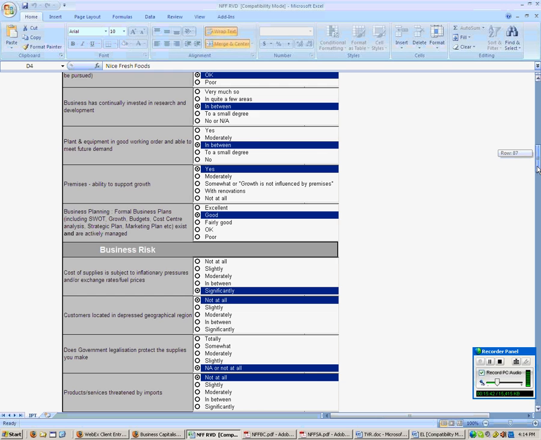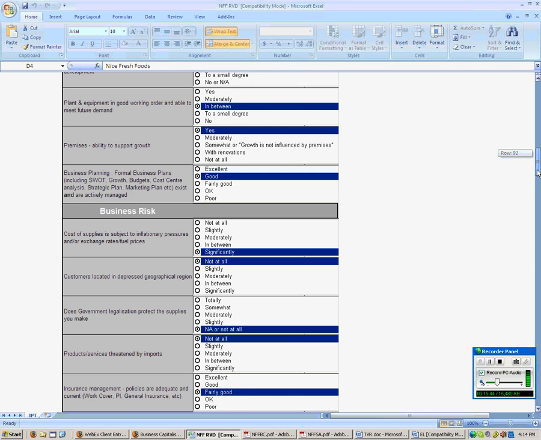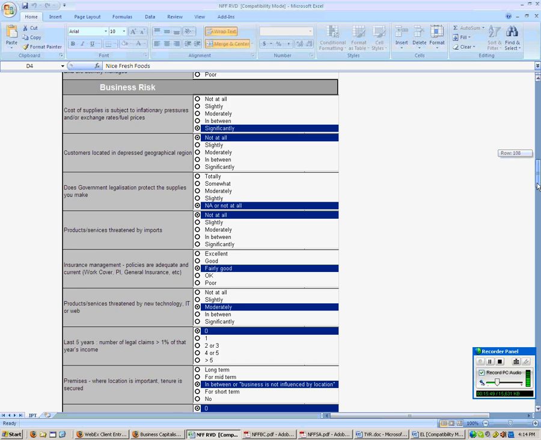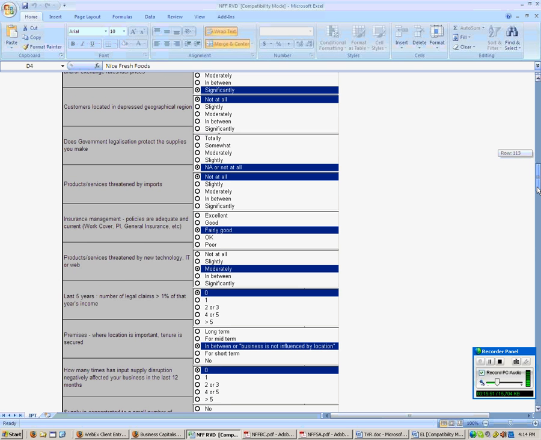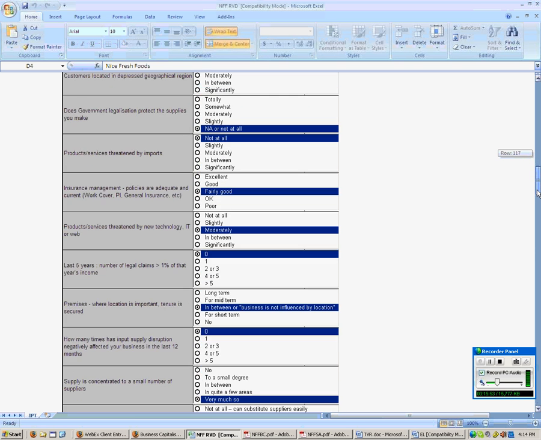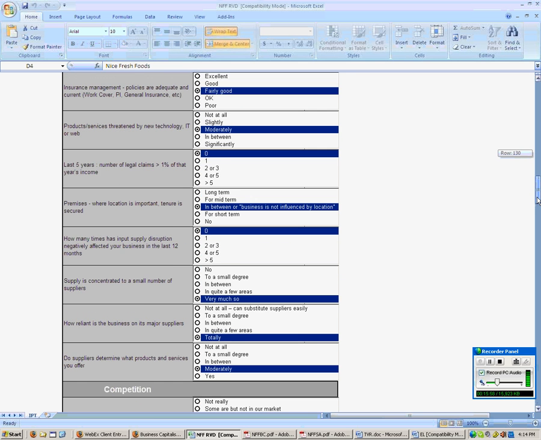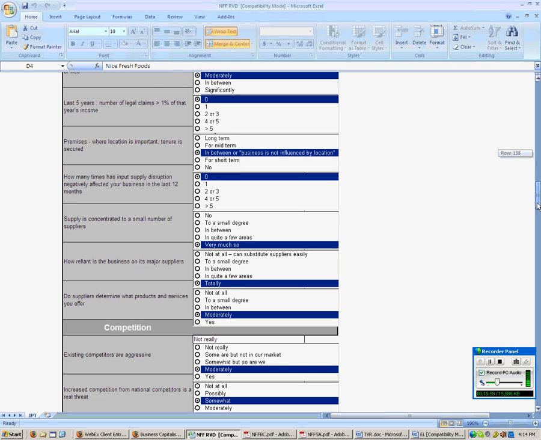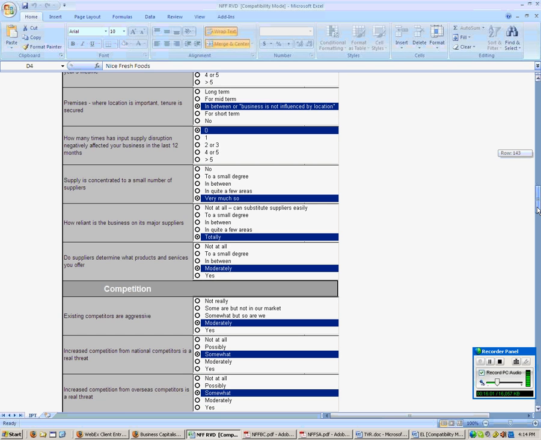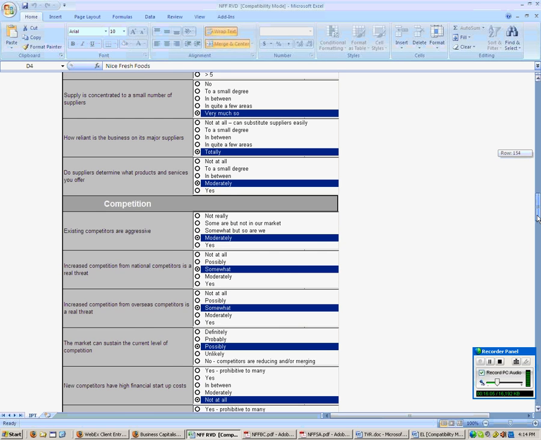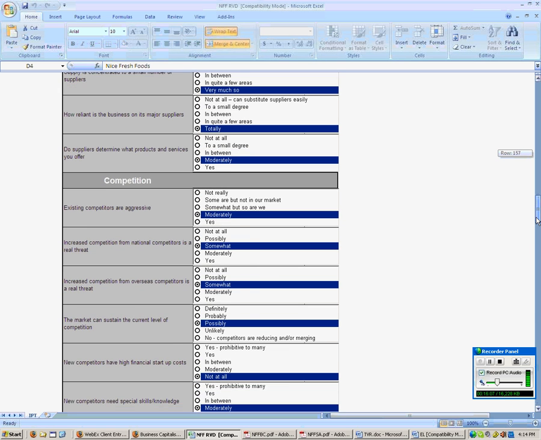By completing the assessment, clients learn more about what drives value in their business, making it easy for Alliance partners to secure client engagements. Clients usually complete the assessment and return it to Alliance partners prior to the valuation consultation. During the consultation, Alliance partners and their clients can confirm the score.